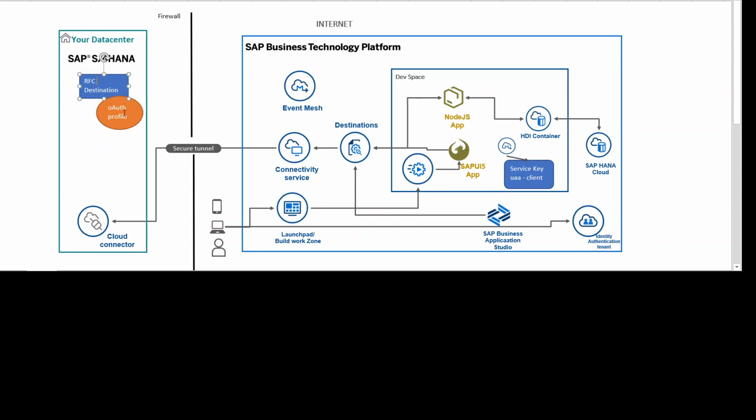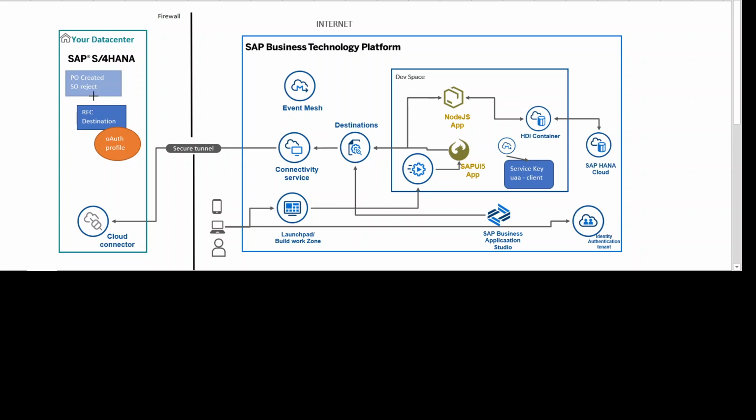Now what are the events that are going to be triggered? Events can be anything in the system. Somebody logging into the system can be an event. A purchase order being created is an event. A sales order being rejected is an event. These are different events that happen in the system.